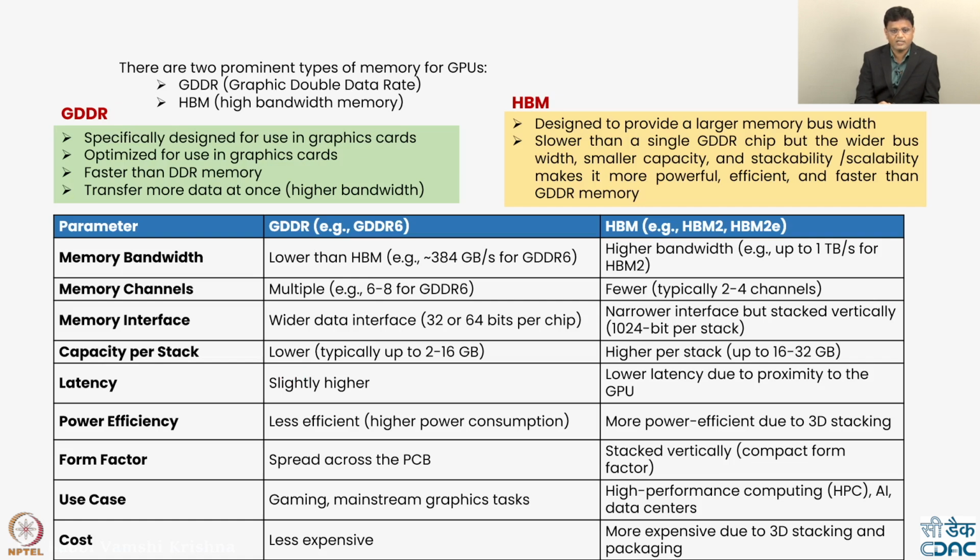Latency for GDDR is slightly higher, but HBM always provides low latency due to its proximity to the GPU. In terms of power efficiency, GDDR is less efficient and HBM is more efficient. In terms of form factor, GDDR is spread across the PCB, but HBM is stacked vertically in a compact form factor, always inside the GPU. In terms of cost, GDDR is less expensive and HBM is more expensive due to the 3D stacking and packaging.